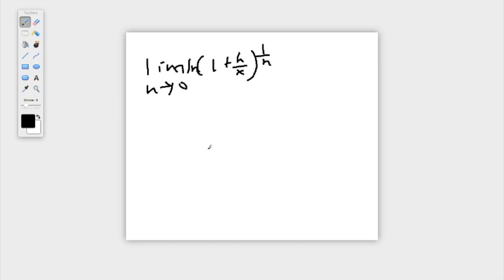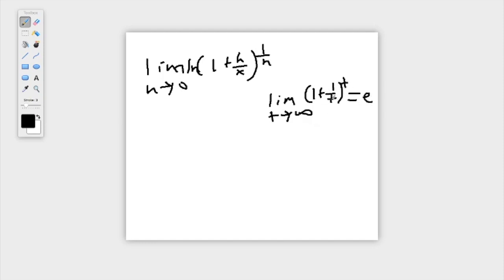So without doing this with a calculator, this might look really tricky, but there is a special limit that's similar to this, and it's this one. As t goes to infinity, 1 plus 1 over t, to the t power, equals e.